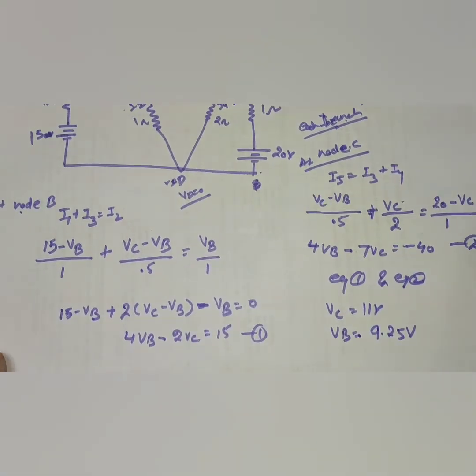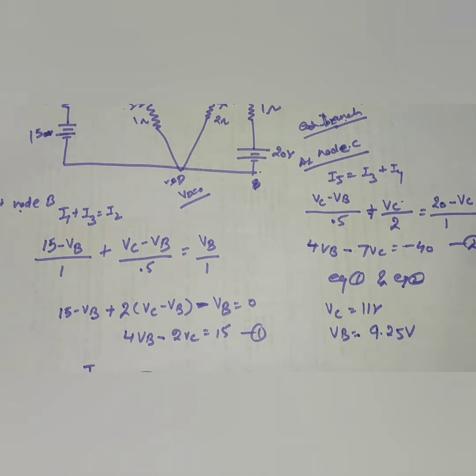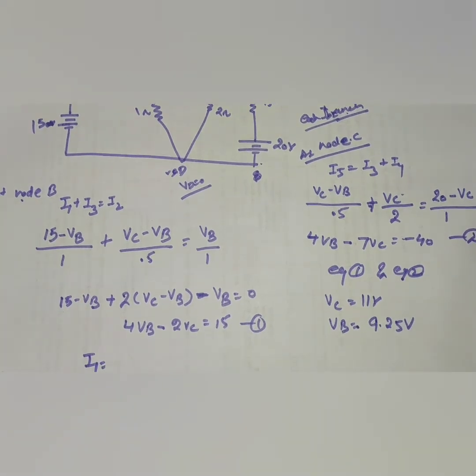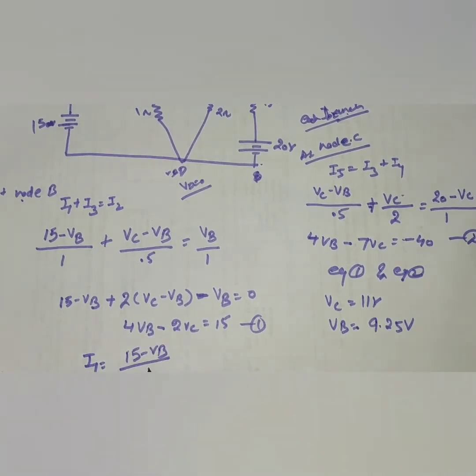Now that we have VC and VB, current I1 will be 15 minus VB upon 1, that means we get 5.75 ampere.